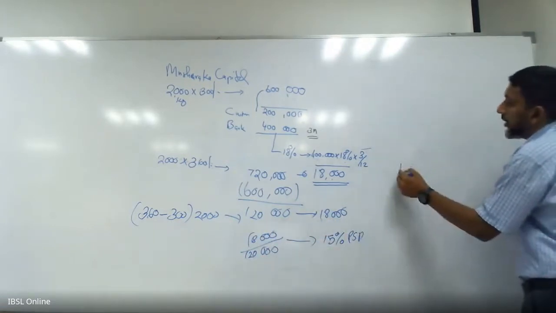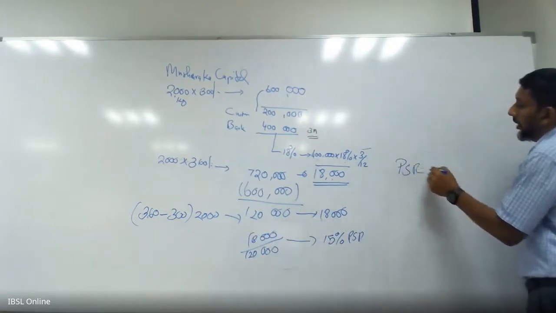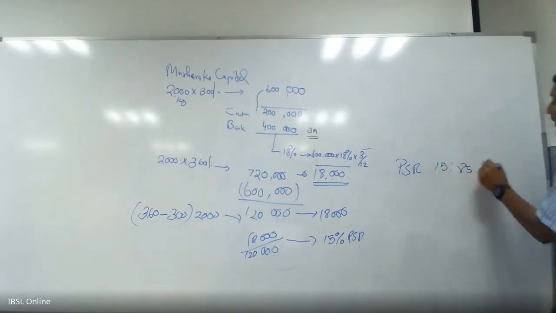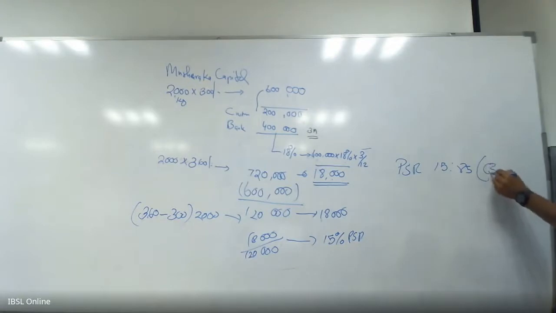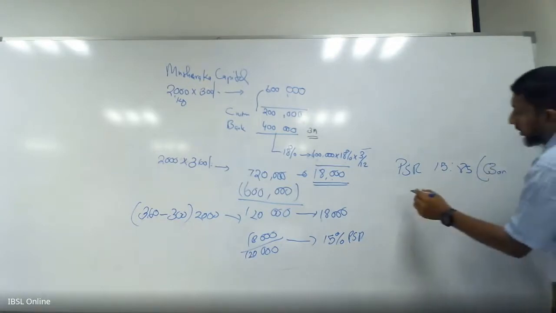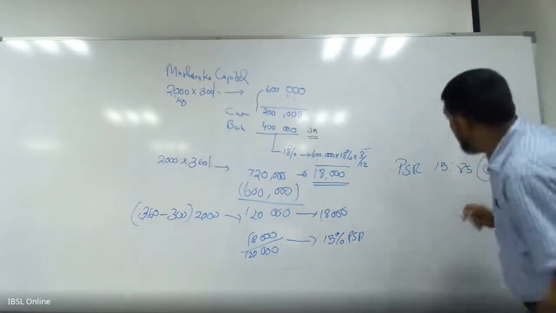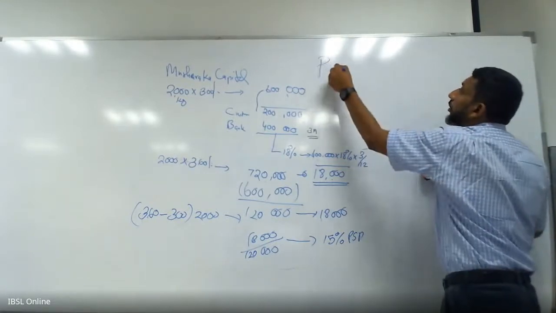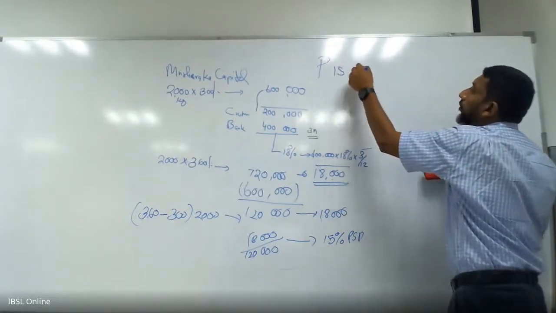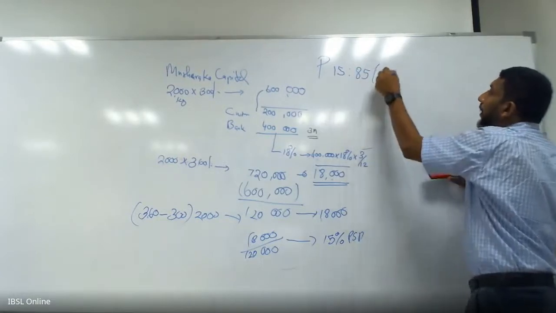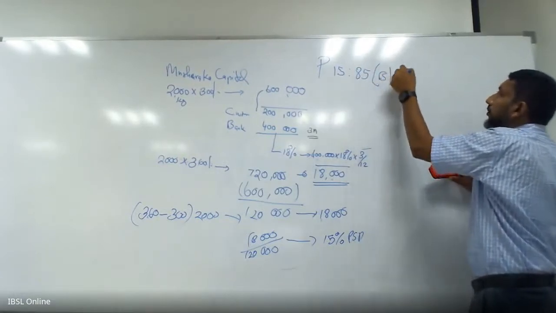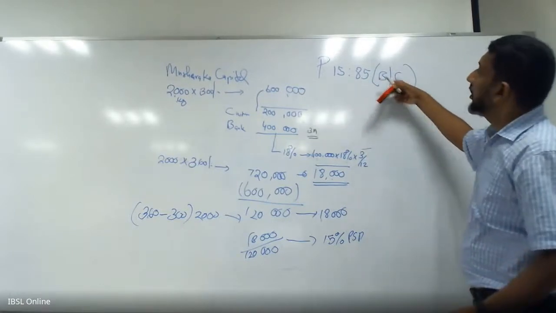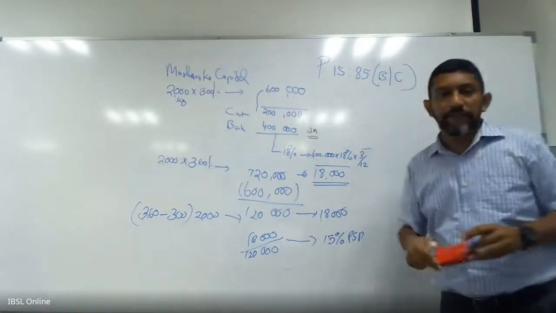The PSR to be proposed is 15 to 85, bank to customer. Can you all see this side? 15% for the bank, 85% for the customer.